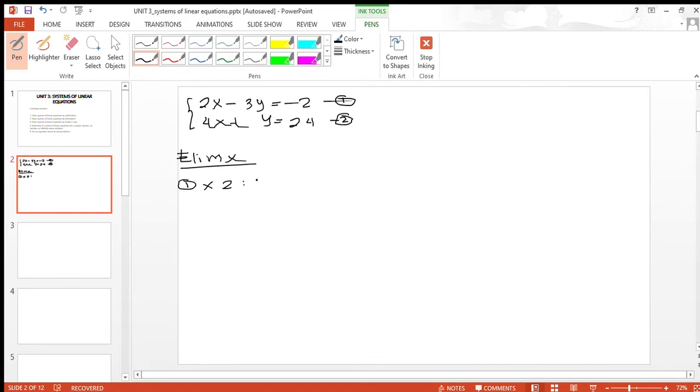So we get 4x minus 6y equals minus 4. And equation 2 will simply be copied. We have 4x plus y equals 24.